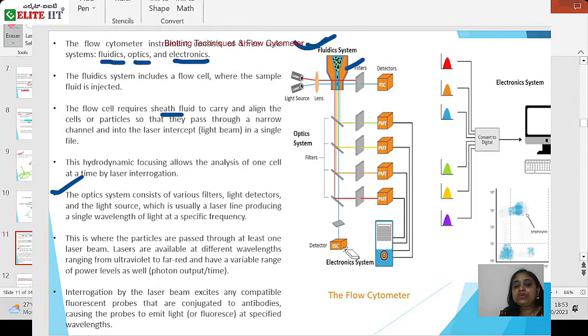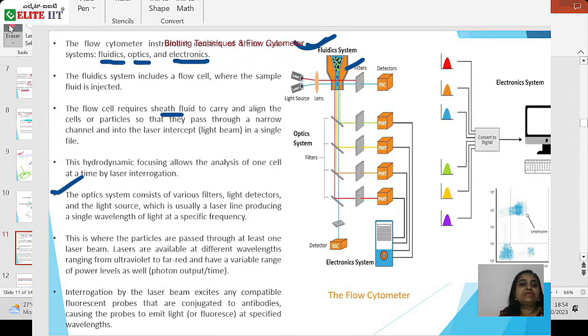Now, what is the electronic system? Data compilation is done in the electronic system, and the detectors are attached to it. So fluidics are attached with the optic system, and the optic system is attached with the electronic system. Mainly three systems are there: fluidics, optics, and electronics.